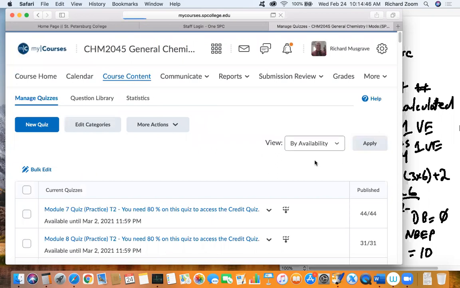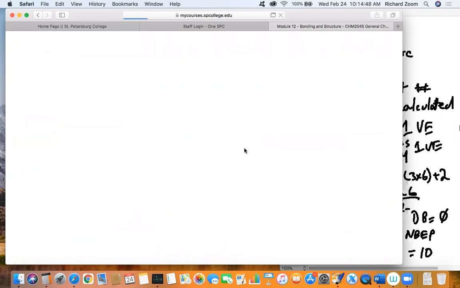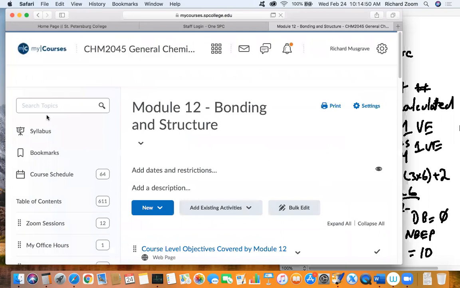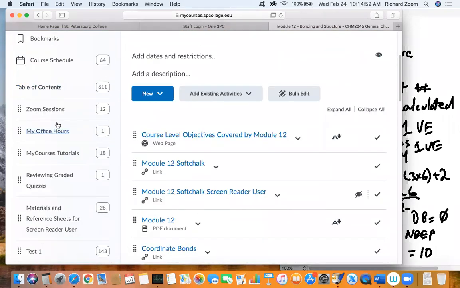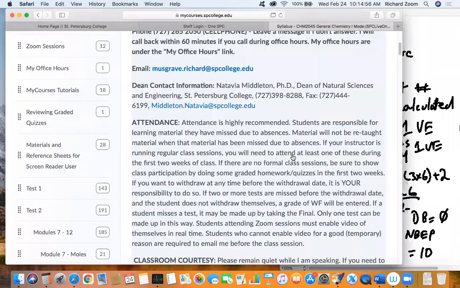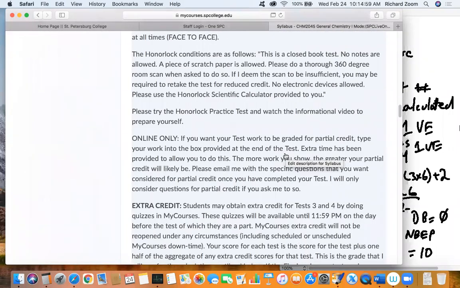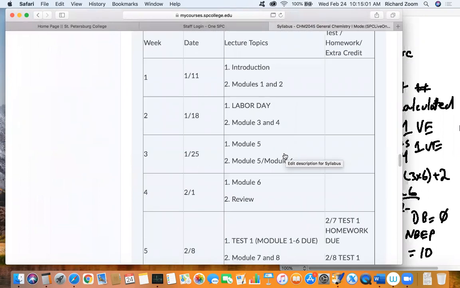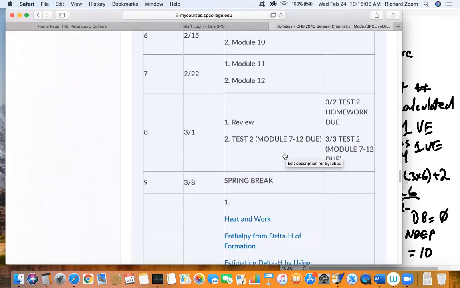So let's go back to the syllabus here and just make sure everybody understands what the story is going to be. We've got review on Monday, and I'm going to do a little bit of review today as well in the time we have remaining.